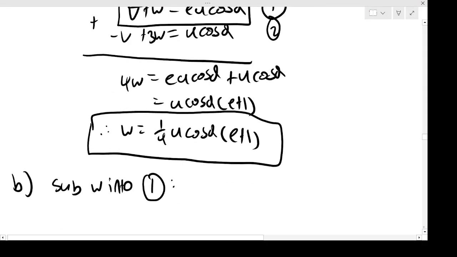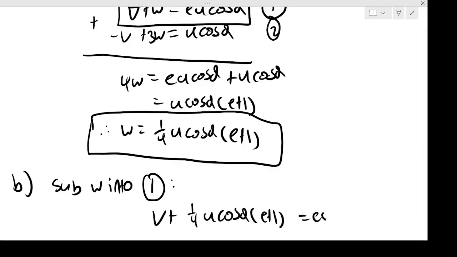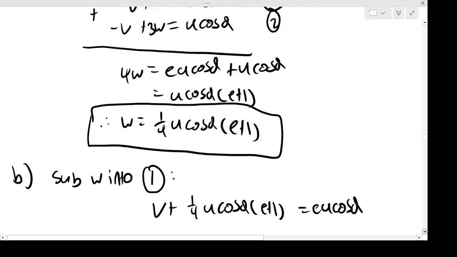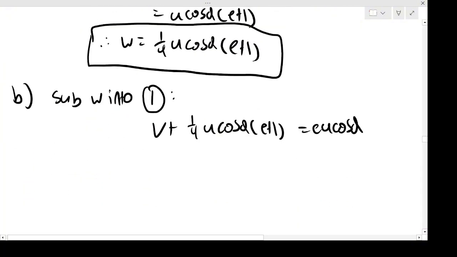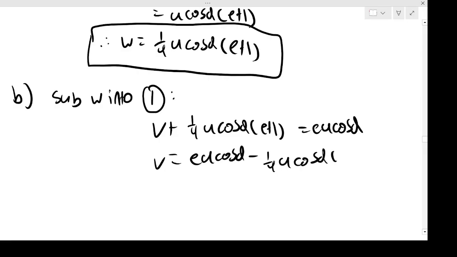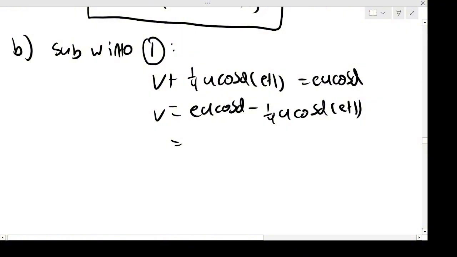So that's going to be a V add W, which is going to be a quarter U cos alpha of E plus 1. It's going to be EU cos alpha. And so at that point, V is going to be EU cos alpha, take away a quarter U cos alpha, lots of E plus 1. Hopefully happy with that. And then I can just factor stuff out. So U cos alpha, lots of E minus a quarter of E plus 1.